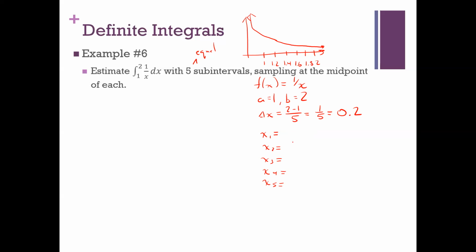Not 0.2. It's 1.1. So the first x value is 0.1 from the beginning. But our interval does not begin at 0 this time. So because of that, I need 1 plus 0.2/2. That gives us 1.1.